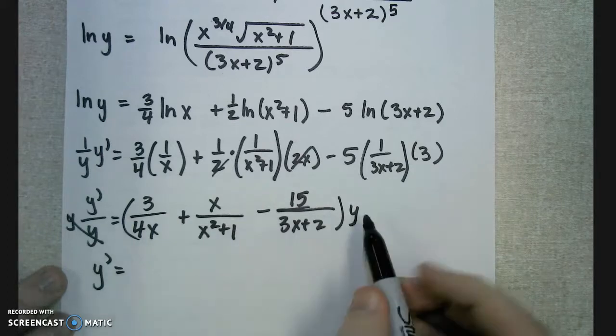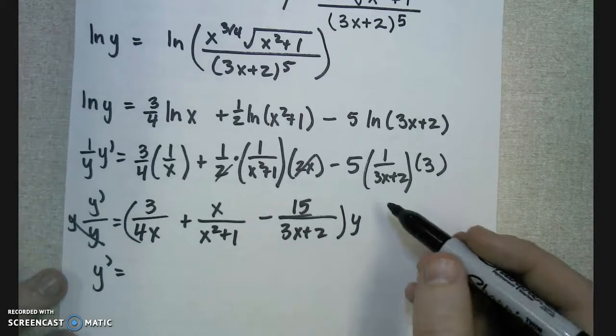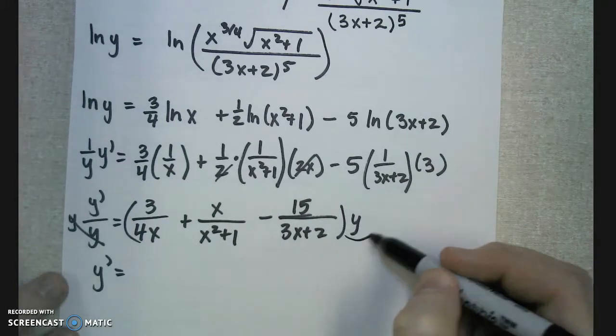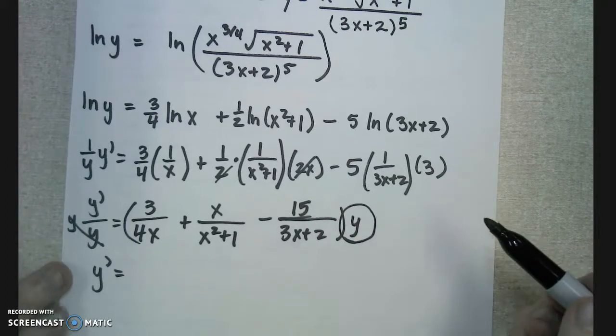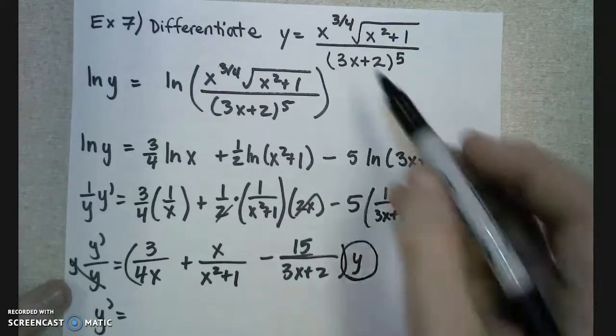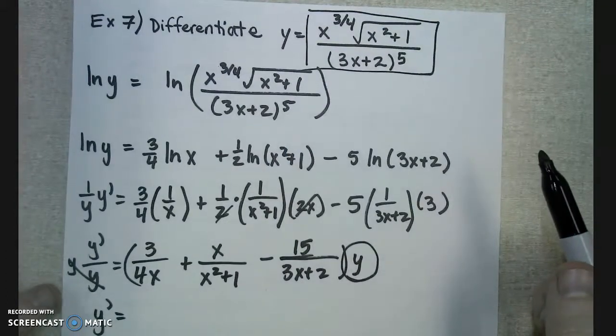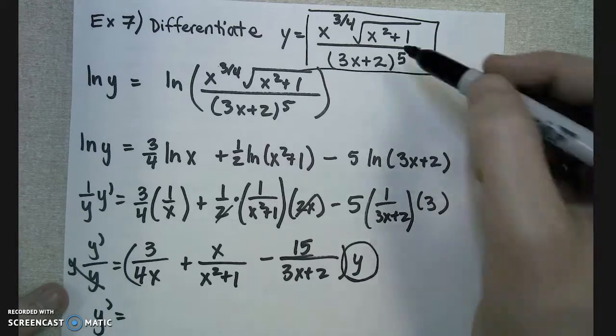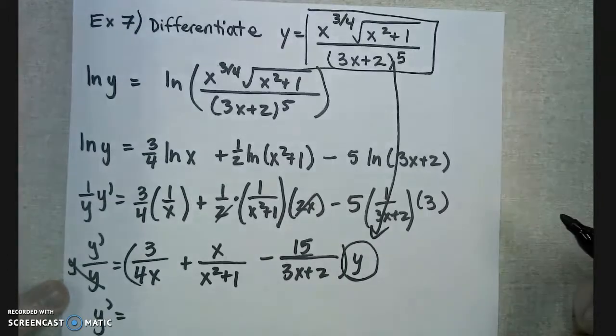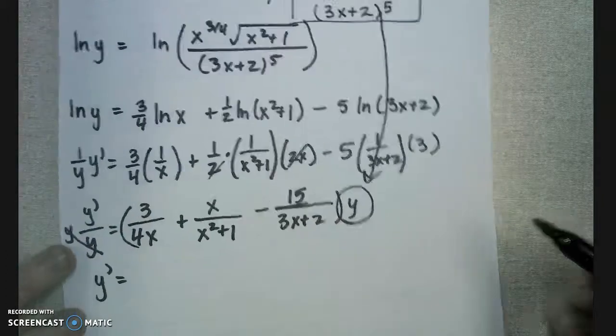I've got all this times y, and then what you want to do last is you don't want it in terms of y if you can change it. And so at the beginning, we know what y equals. So I'm going to just put that instead of y, substitute in the original value of y.